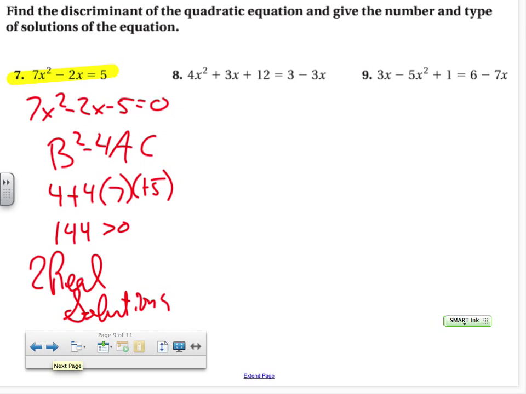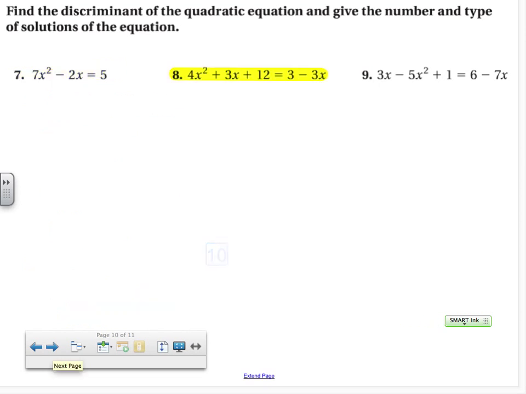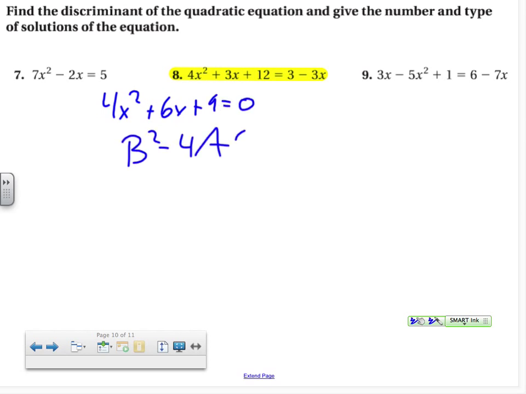Okay, number 8, standard form. So we'll have 4x squared plus 6x plus 9 equals 0. Plug that into our discriminant. B squared is 36, minus 4 times 4 times 9. That works out to negative 108.